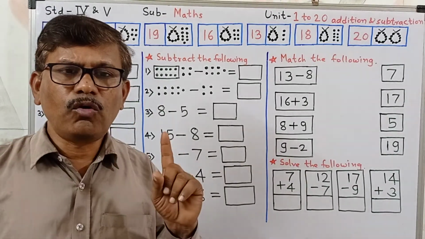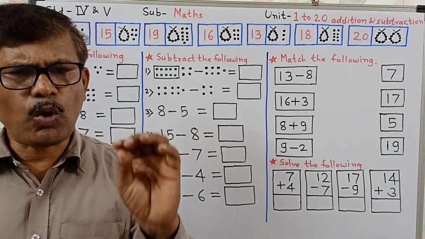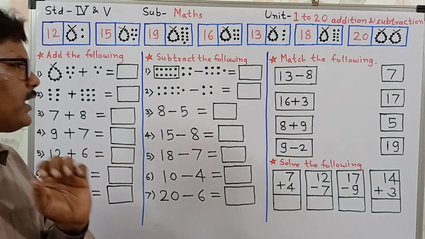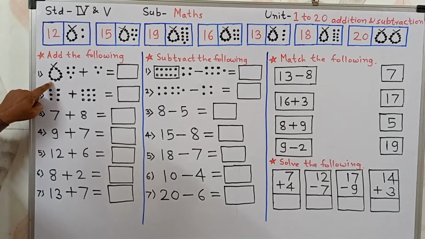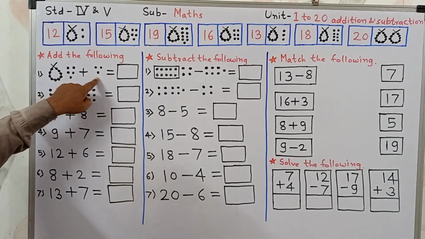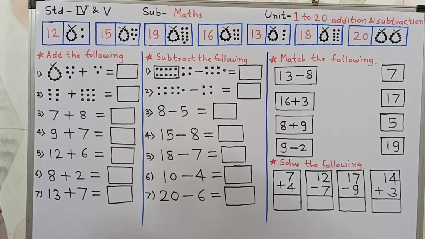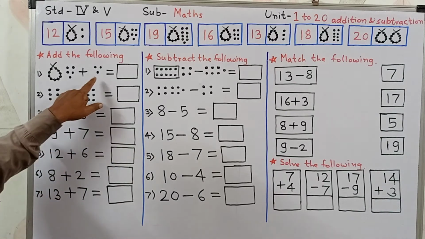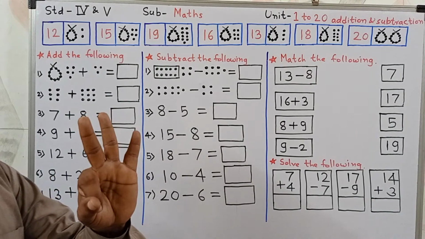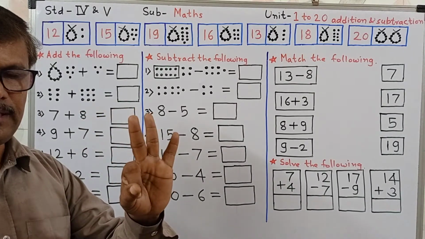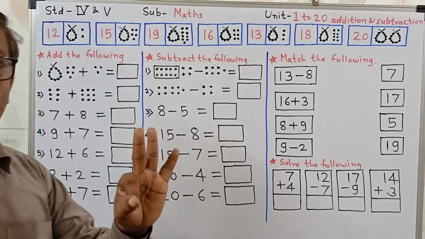For this you must take the smaller number first. Listen, 15 is the bigger number and 3 is the smaller number. So you take the fingers of the smaller number. The smaller number is 3. So take 3 fingers. Now I am telling you the simple method to do addition.